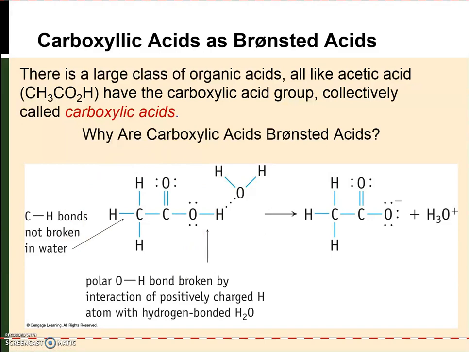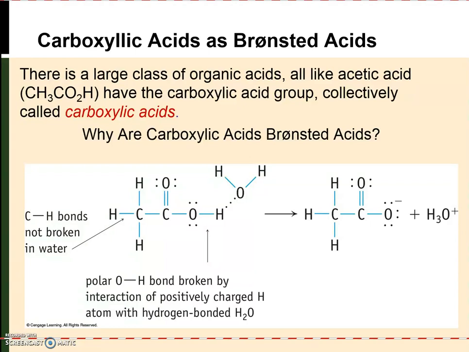To start off, we see that there are two different kinds of hydrogen bonds within the molecule. There are carbon-hydrogen bonds and there are OH bonds. Now we've seen before that carbon-hydrogen bonds are essentially nonpolar. The electronegativity difference between carbon and hydrogen is quite small, and so they're essentially nonpolar bonds. So even in water, the carbon-hydrogen bond is not going to be cleaved to form a proton and the resulting conjugate base.